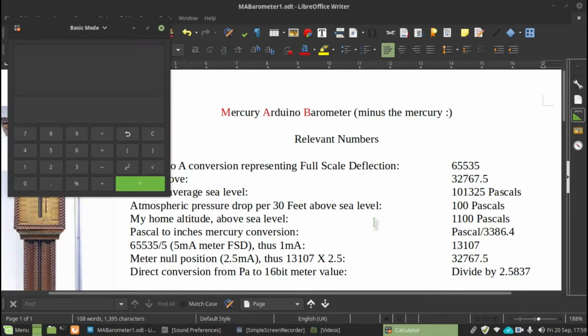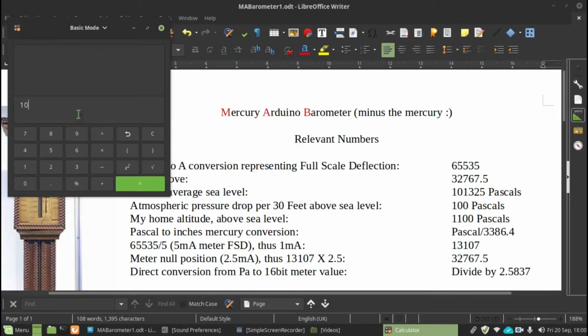Okay, I've pulled up the calculator, and what I will do is work out my home altitude above sea level normal average sea level atmospheric pressure. So let's put in that normal pressure into the box here.